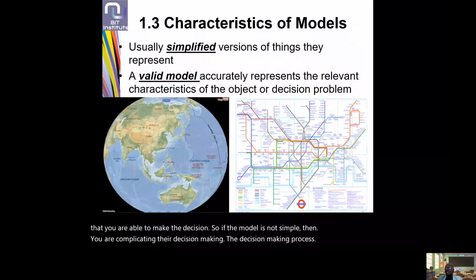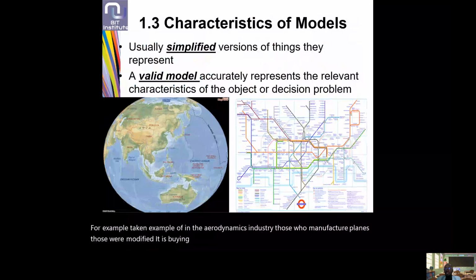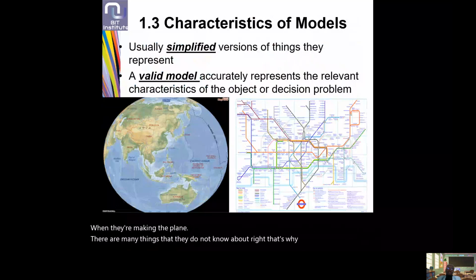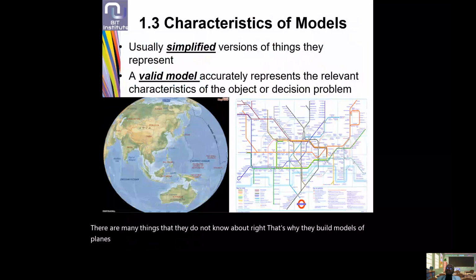For example, take an example in the aerodynamics industry. Those who manufacture planes, whether it is Boeing or whichever type of model you're talking about. When they are making the plane, there are many things that they do not know about, right? That's why they build models of planes, a simplified model of a plane, so that they can use that model to make decisions related to different aspects of the plane that they are actually building, right?